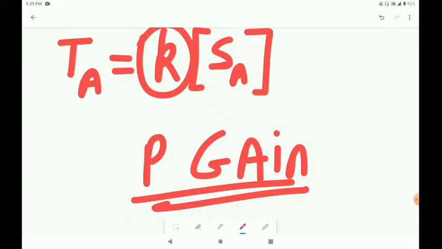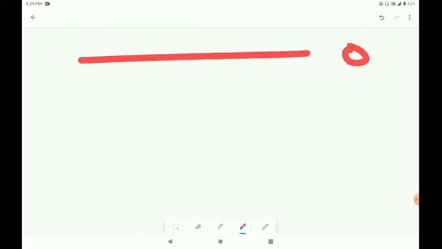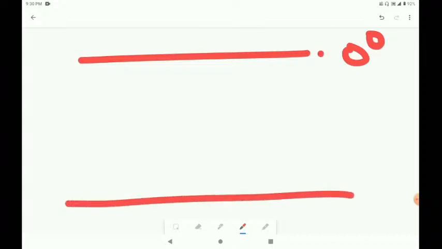Now let's understand this using a graph. We first have a set point, say 0 degrees or any other degrees. I'm saying 0 degrees as the set point. We need the servo to be at this point, but we are actually over here.